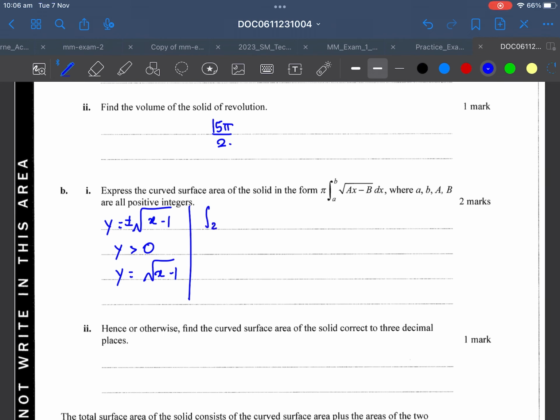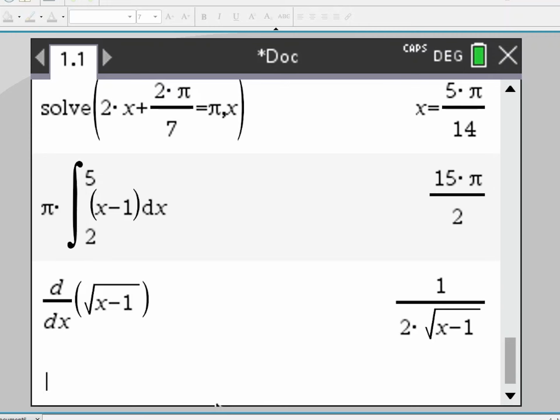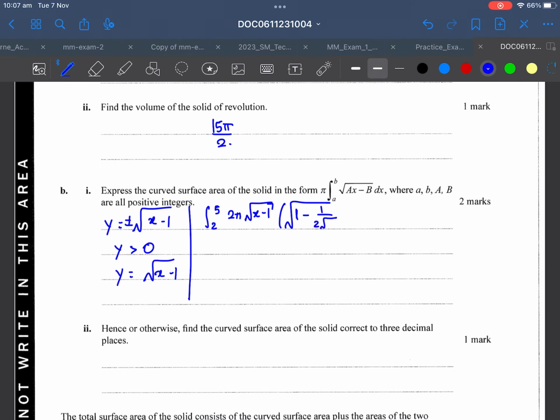And now we can just apply the formula, so the integral from 2 to 5 of 2π times the square root of x minus 1, and then times the square root of 1 plus the differentiation of this, 1 on 2 root x minus 1, whole squared, dx. Okay, that looks a bit better.